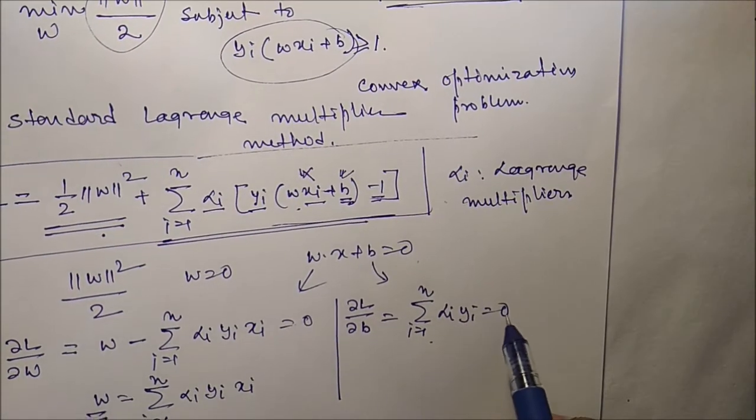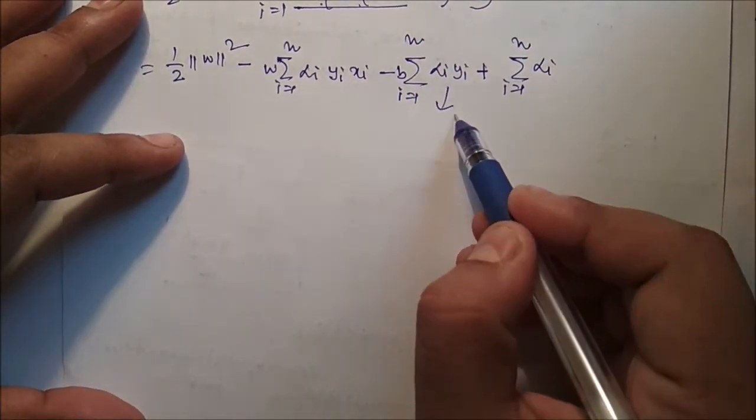We have just seen that the summation of alpha i yi is 0. That means this particular part is 0.